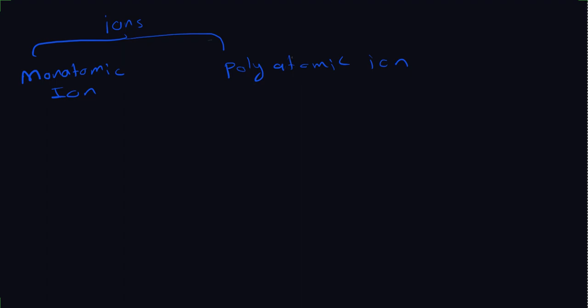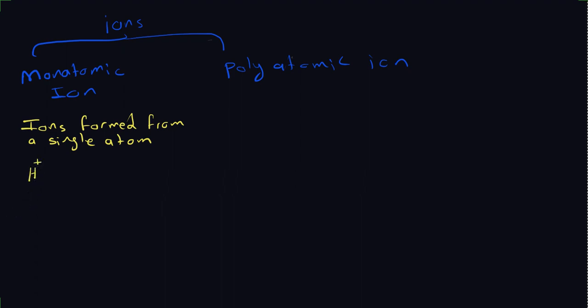Monoatomic ions, you know, are ions formed from a single atom. Ions formed from a single atom are called monoatomic ions. Let me give you some examples.